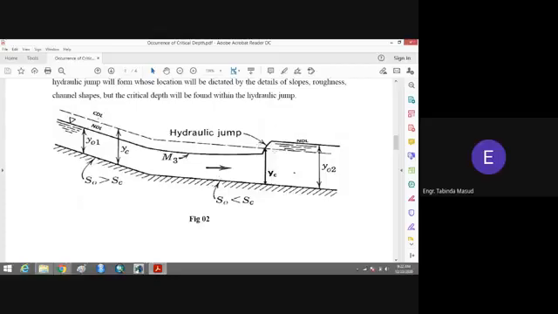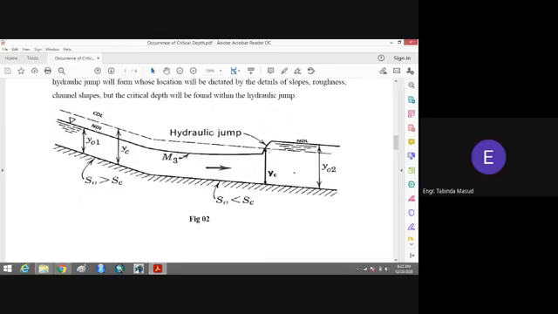So a hydraulic jump will be created, and then the depth of the flow will be increased. Here you can see that now the depth of the flow is y02. At section 2.2, the depth of the flow is y02. In between the hydraulic jump, we get the critical depth of the flow. So remember, whenever there is a hydraulic jump, the critical depth occurs somewhere in between the hydraulic jump.